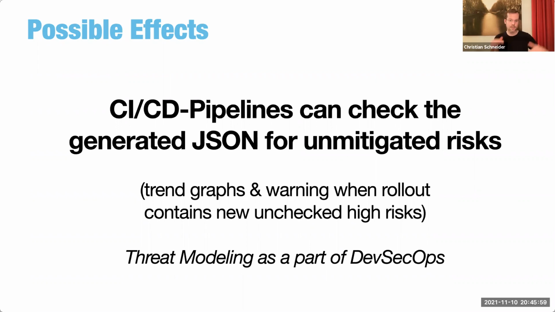So that can lead to trend graphs and warnings when a rollout, if you're doing it in an automated fashion, possibly contains some new unchecked risks that have not yet been checked by a human and have a high risk rating. So at the end, it's eventually making threat modeling part of DevSecOps.